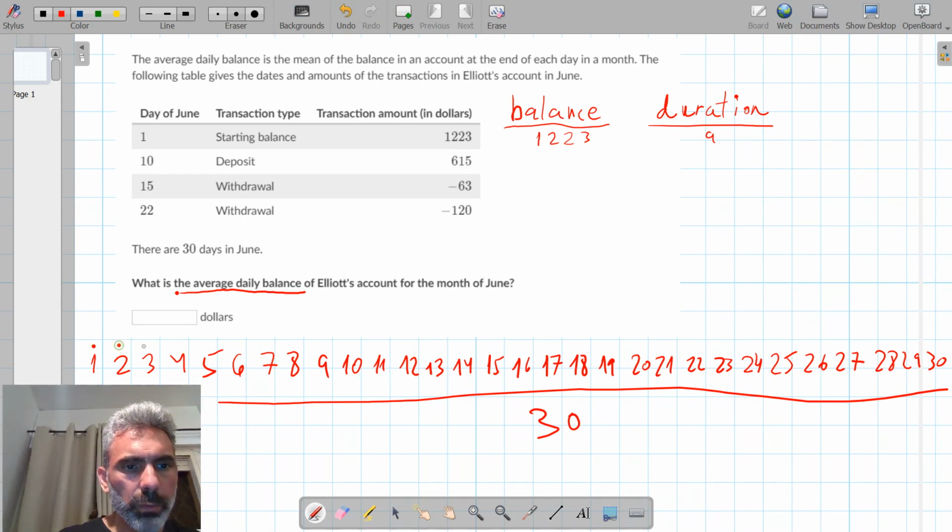So 1, 2, 3, 4, 5, 6, 7, 8, 9. At the end of each of these days, it was $1,223. And then it has changed. How? Elliot made a deposit of $615.